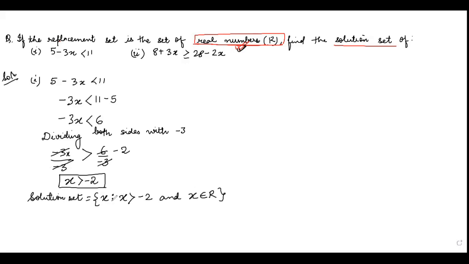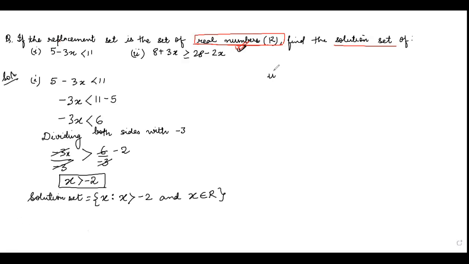How to write this set builder form? This is also explained in lecture 2. So this set builder form we explained in lecture 2 and watch that properly. I hope this is very clear.